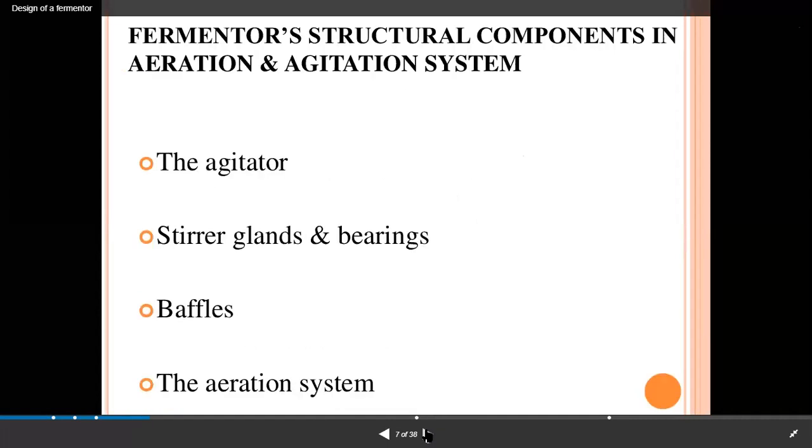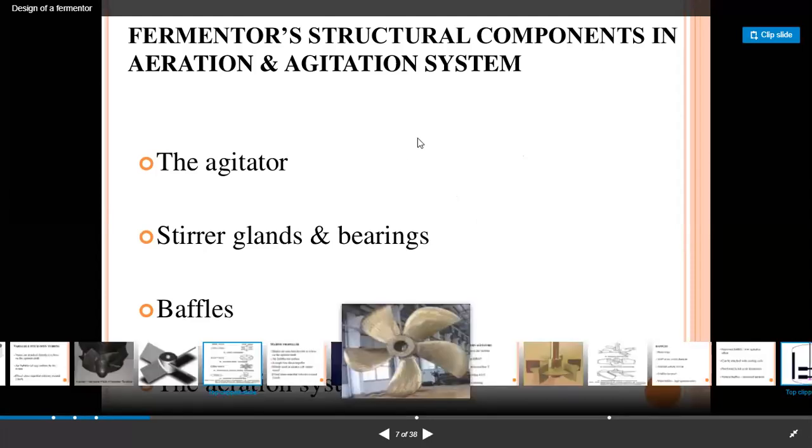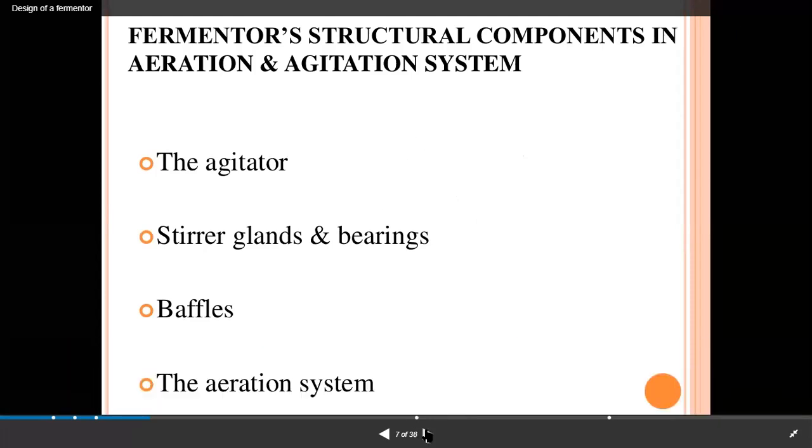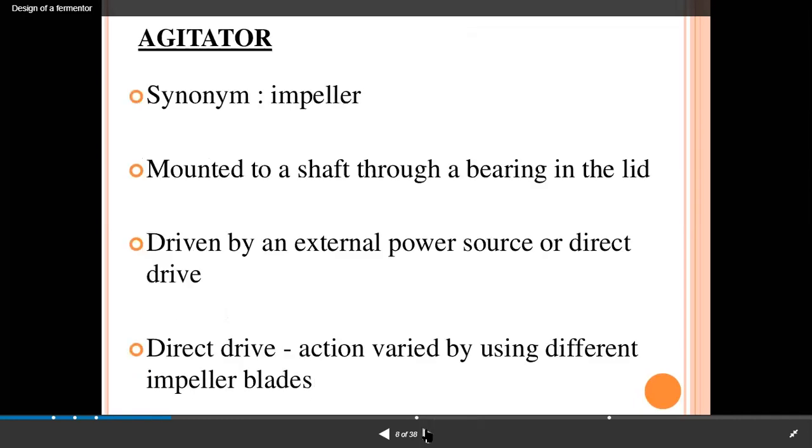And the fermenter's structural components in the aeration and agitation system. In the structure itself, we have observed that baffles are there and agitators are there. We observed these baffles in our earlier slide. The aeration system is also perfectly designed in the structure of the fermenter.